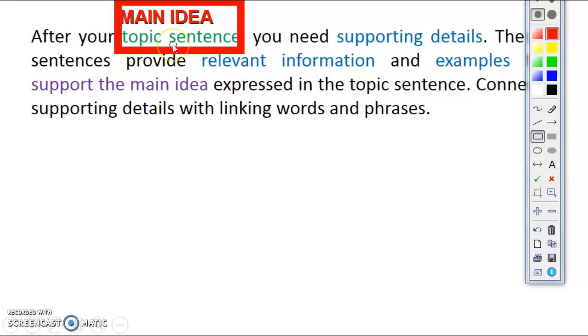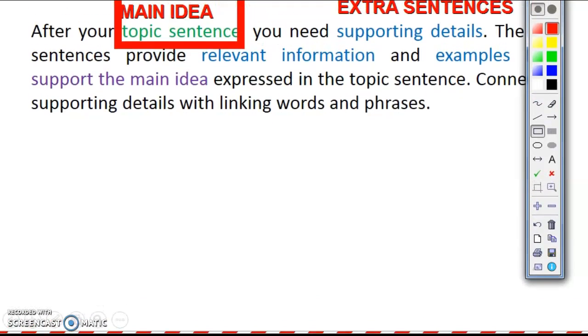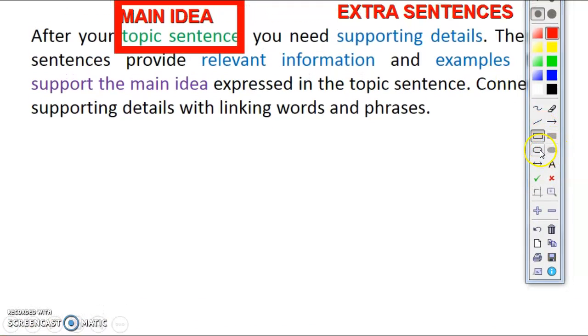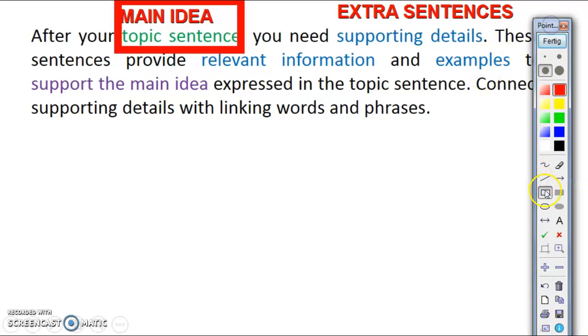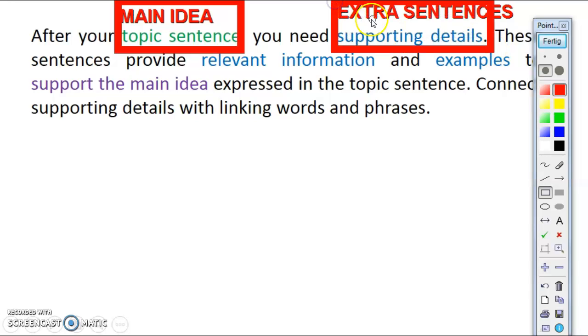Also, it's not all. We need supporting details. It means extra sentences. But these extra sentences or supporting details are going to be those ideas that, as the name says, support and help our paragraph. Okay, supports what idea? This idea. All these extra sentences, these supporting details, will help our topic sentence.